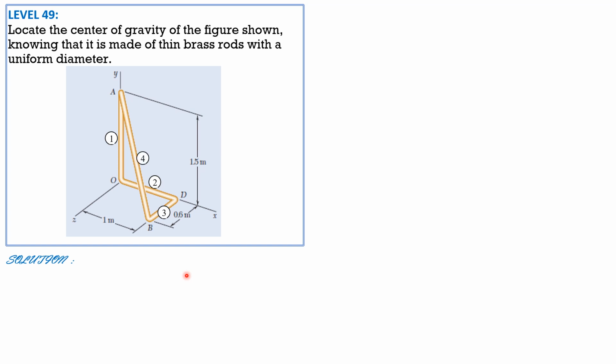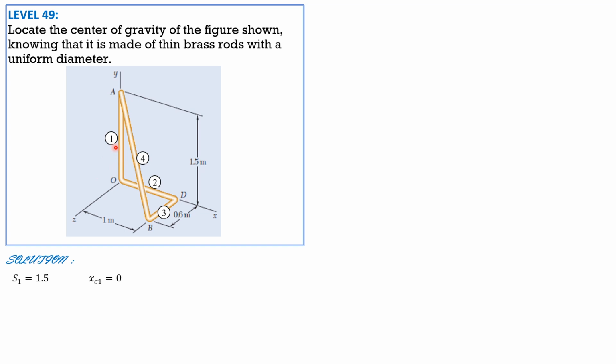So S1 is 1.5, the length 1.5 meters. x sub c1 is 0. y sub c1 is 0.75, half of 1.5, and z sub c1 is 0.